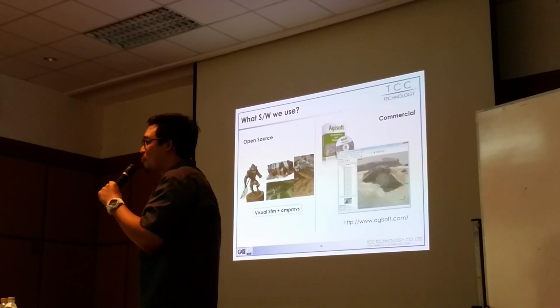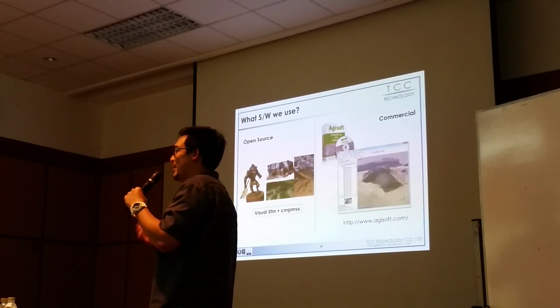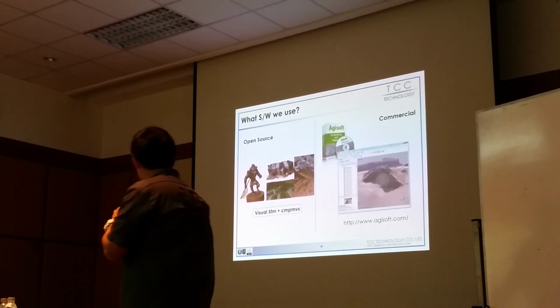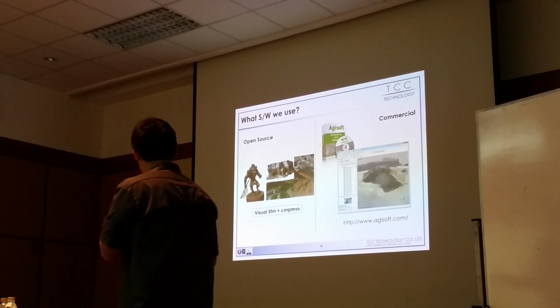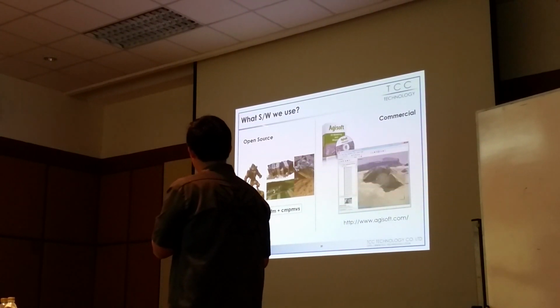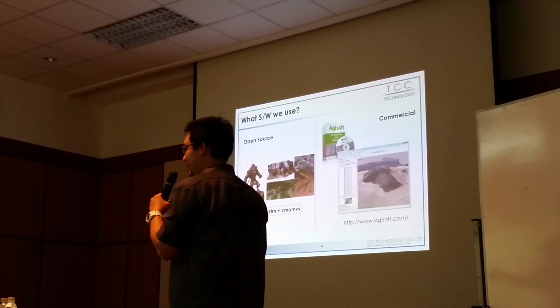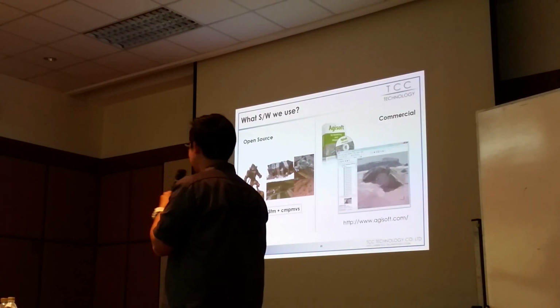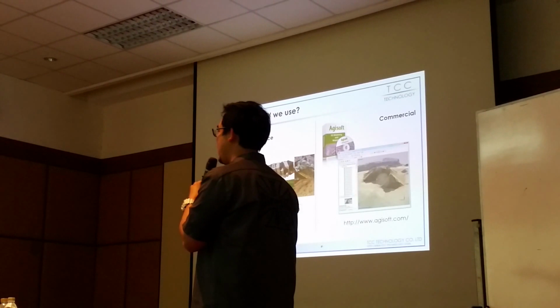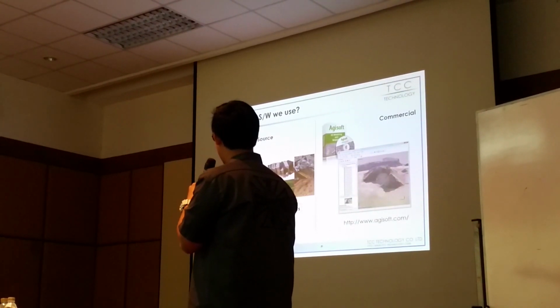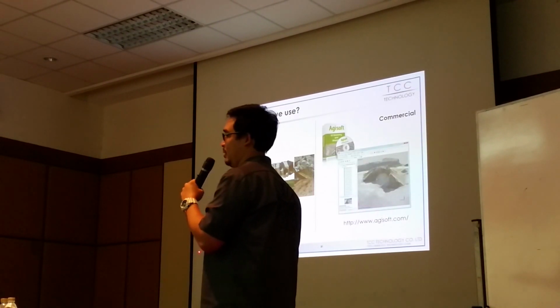The software that we use to compute this, we have two options here. The first option is free and open source. You can search on Google using the keywords VisualSFM and CMP-MVS.